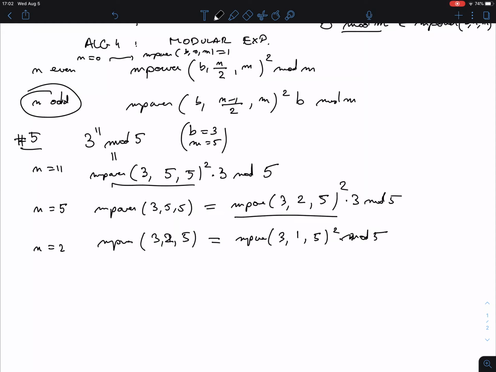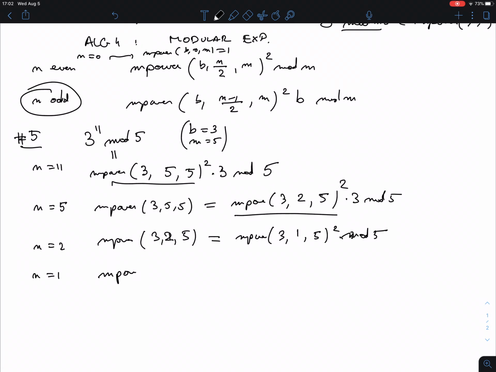In some sense, the algorithm could have also implemented what happens in case n equals 1. It would make it quicker somehow, but it is not necessary. So let's just do what happens in case n equals 1. You'll see it does give an answer. Because if you take the power 1, you just have b.